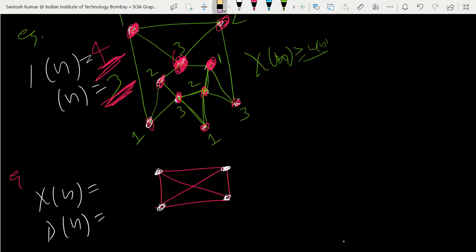So write chromatic number first and then degree. Chromatic number was 3, degree was 4. Okay.